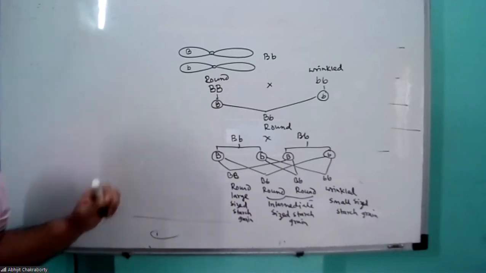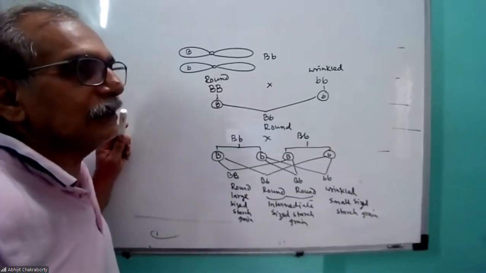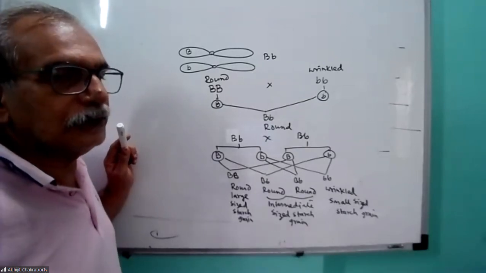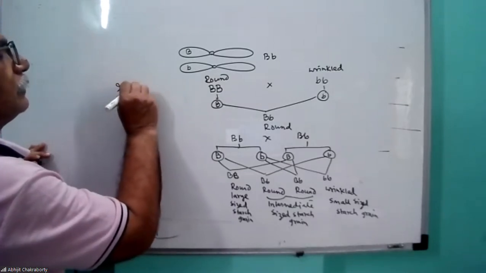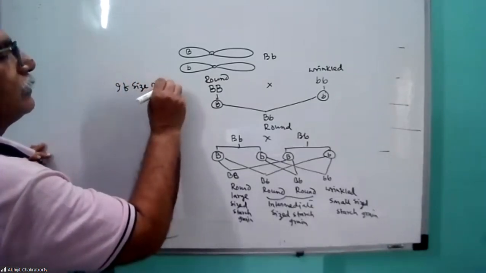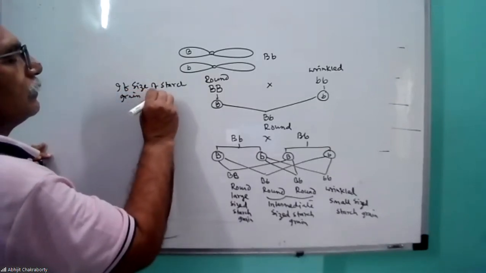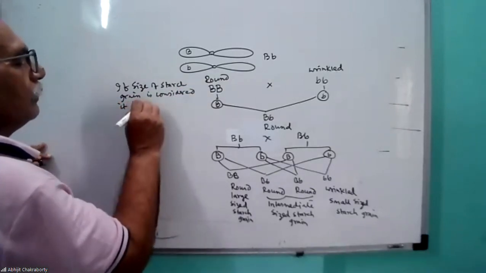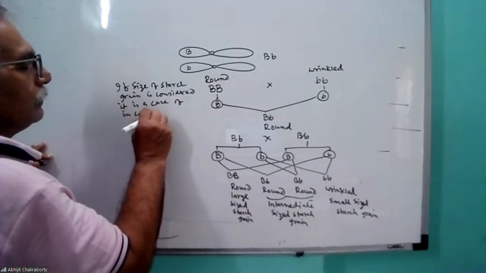So, if the size of the starch grain is considered, it is a case of incomplete dominance.